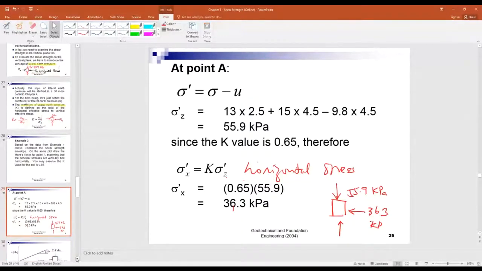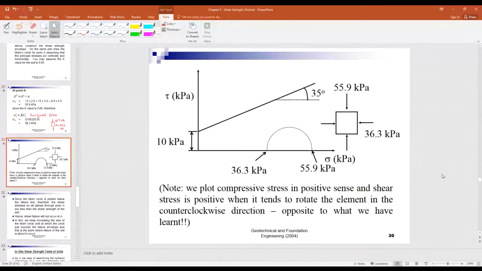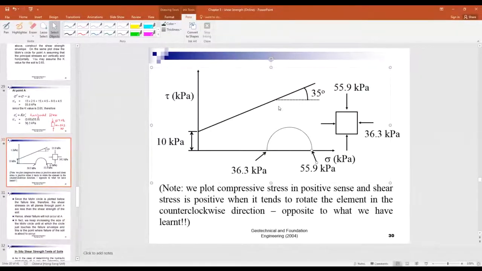Okay, so you got the point here, and the point here, you draw a small circle here. It's well below the Mohr-Coulomb failure envelope. So there should be no shear failure, right?